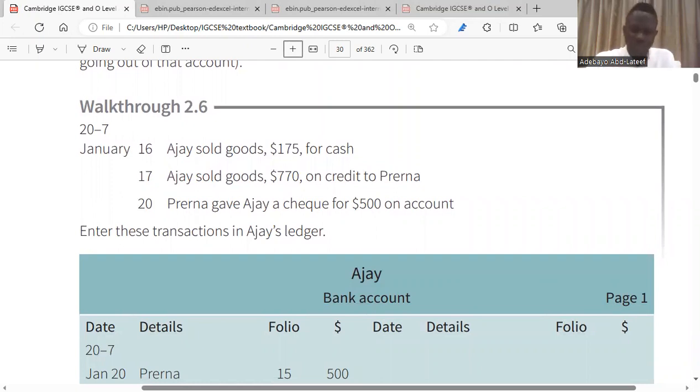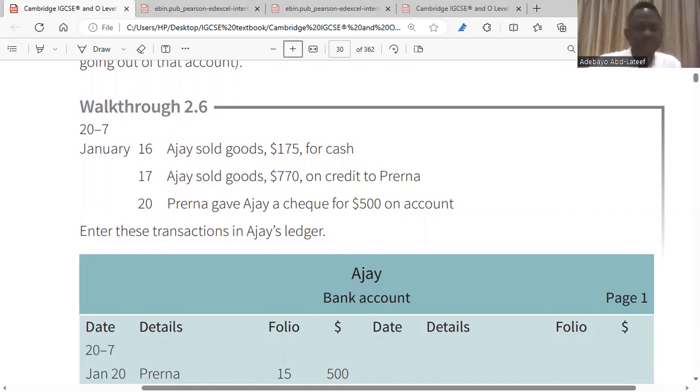I just sold goods 175 for cash. So we're going to have sales account and cash account because it was on cash. So your cash account will have a debit for sales of 175. And your sales account will have cash of 175 on the credit side. Is it clear?